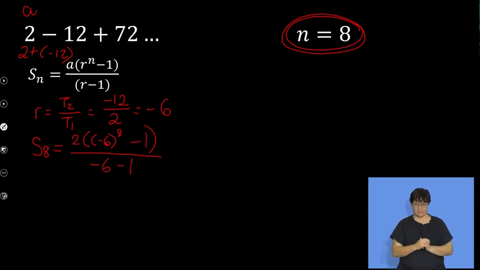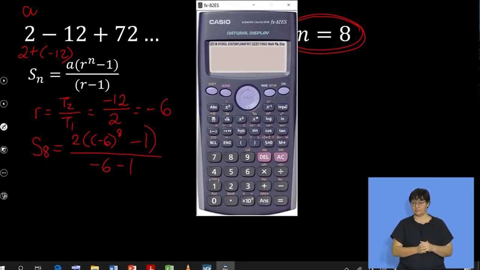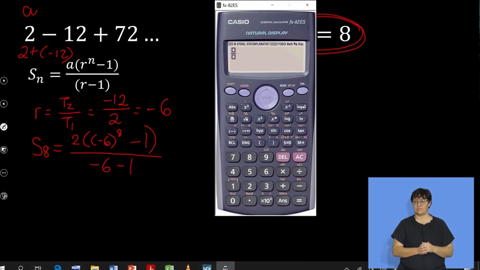Now I'm going to grab my calculator, everyone, because I've got a lot to type in. So I've got 2 multiplied by negative 6 to the power of 8 minus 1, and this is all over negative 6 minus 1.